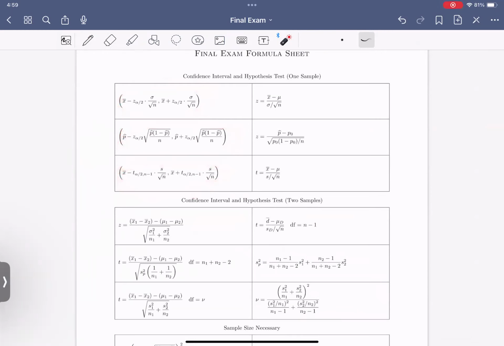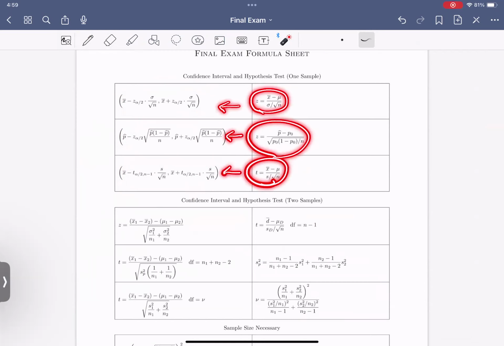This is the case where you work with the population mean and you want to use Z. This is the case where you work with the population mean and you want to use T, the one sample t-test. And this is the case where you work with the population proportion and you use normal because the sample size is big. You also have the corresponding hypothesis test. Sorry, the corresponding confidence interval here.